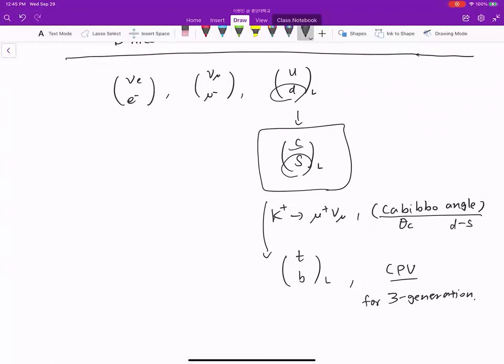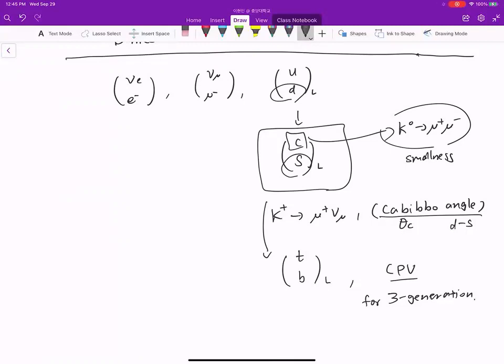And the existence of the charm quark, of course, is due to the SU(2) structure, but this one was also predicted from the K-ion decay, the smallness of the decay of the neutral K-ion. This decay rate is very small.